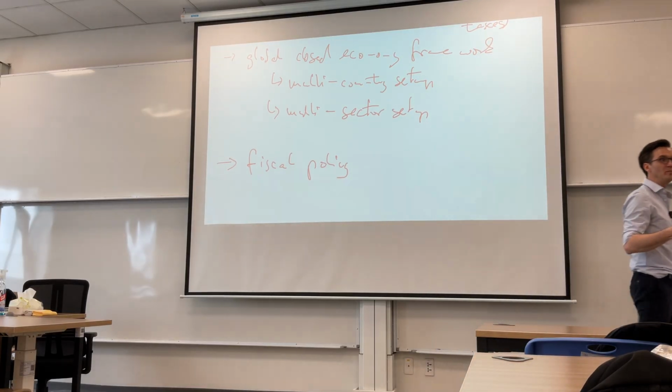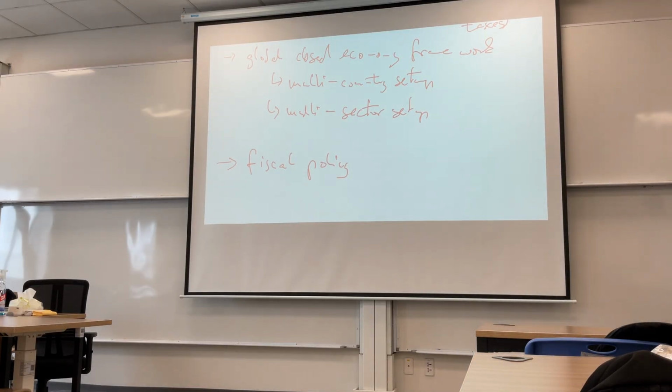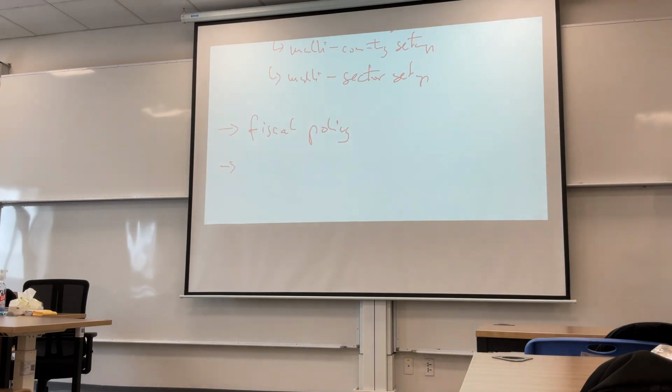So one extension could be a more detailed understanding of inequality implications of climate policy. Okay, so focus more on that. So this could be inequality implications of climate change. And then related to that, going back to fiscal policy and redistribution policies.